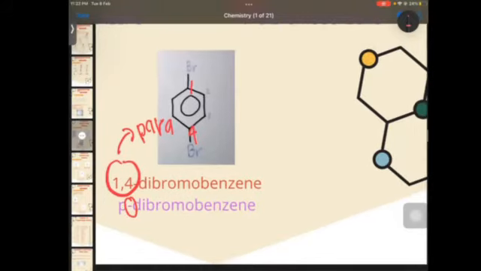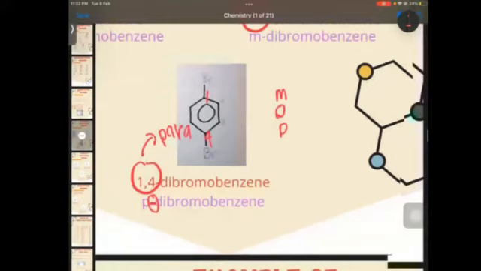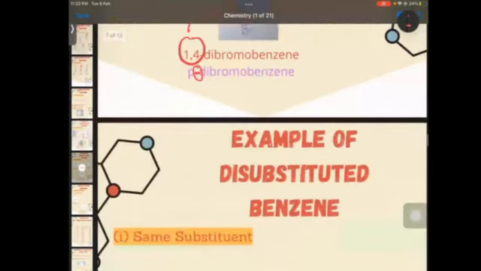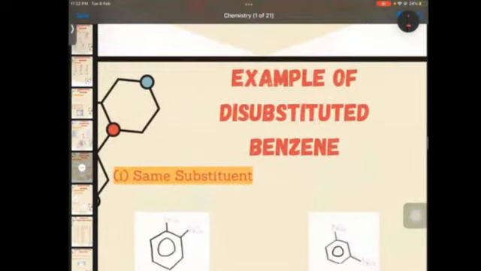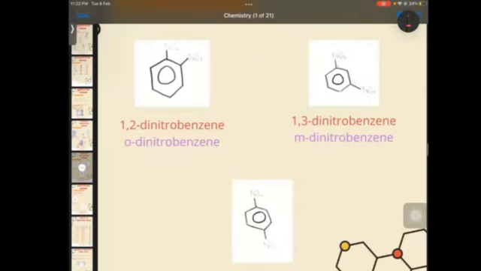Korang semua kena faham dan kena ingat, simbol ni kena sentiasa letak sebab P atau O atau M hanya untuk position, hanya untuk nombor sahaja. Jadi, simbol dash still kena letak. Okay. So, this is the other example for disubstituted benzene for the same substituents. You can look at here.